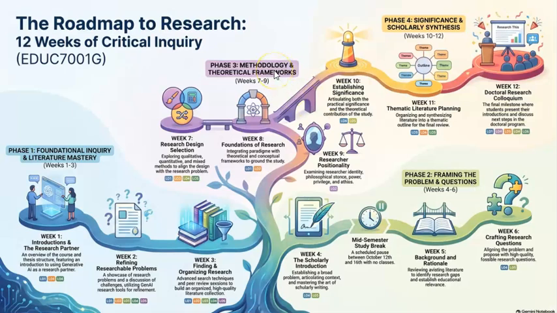The third phase is looking a bit at the methodology and your theoretical frameworks. And the final phase is determining the significance of your research, looking ahead at your literature review, and actually presenting your first draft of what you plan to do in your doctoral research. But let's go into these in detail.